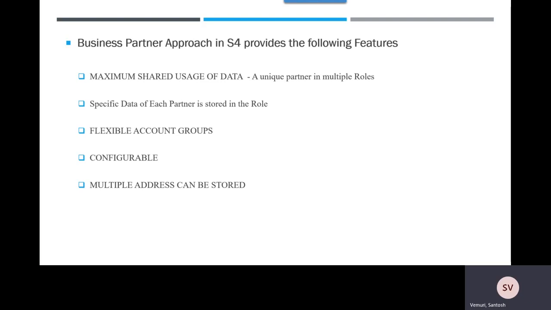So I have the option to maintain all those things. In fact, this is a requirement from many clients, especially in Asian countries. They ask for different kinds of addresses, which is not possible in ECC, but the same thing has been leveraged in this S4HANA system. When I create a business partner, I have multiple options to create different addresses.